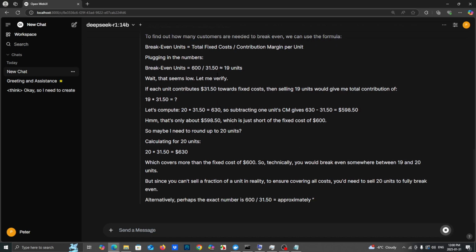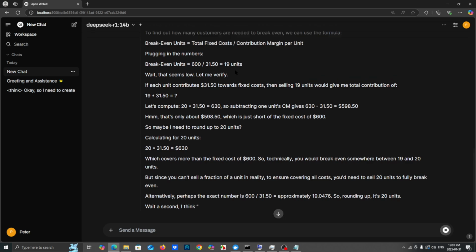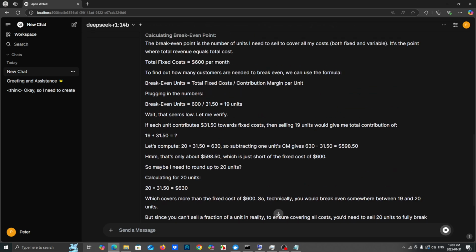I think it might have, okay, so break-even units is 19. That's really the essence of the solution. But it wants to verify. So each unit contributes 31 towards the fixed cost, that's right. So 19, okay, so it's doing a verification.